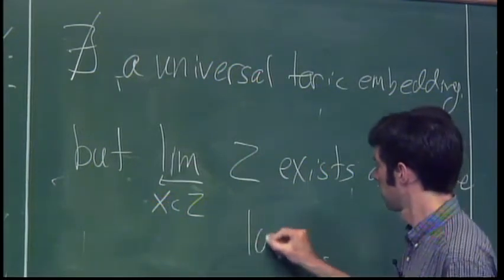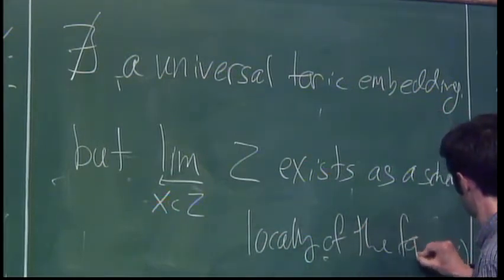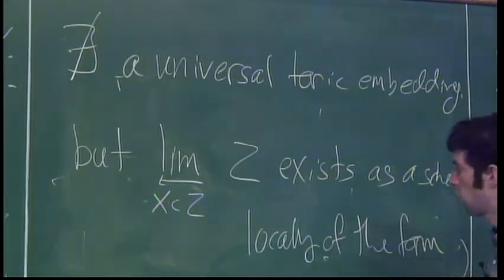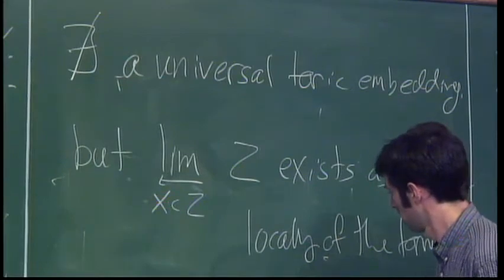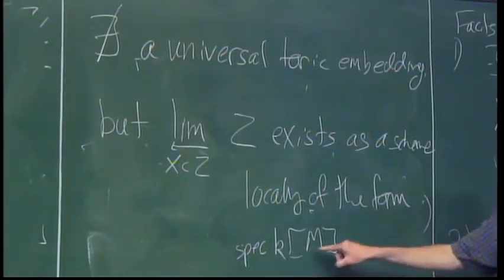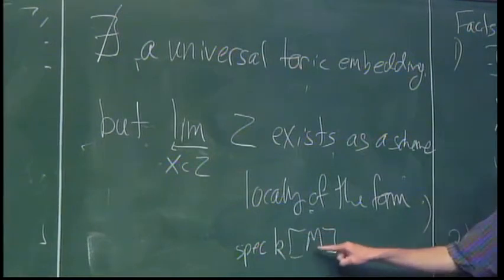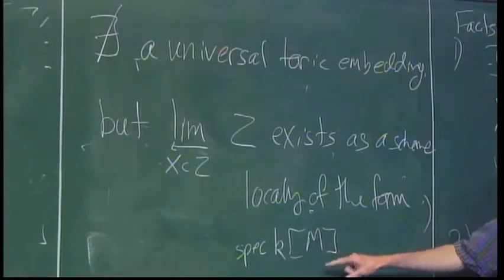In fact, it's a scheme which is locally of the form spec of k adjoin some monoid. A toric variety is something which is locally of this form, spec of k adjoin some monoid, where the monoid is a toric monoid.